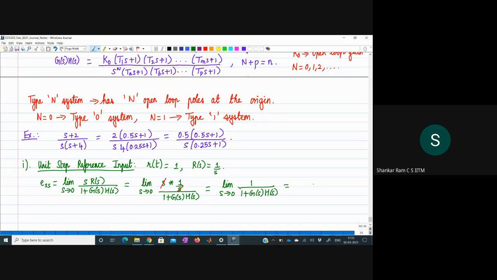This can be rewritten as 1 divided by 1 plus g0 h0, where g0 h0 is nothing but the limit s tending to 0, g of s h of s. We just write it in that way. This quantity, limit s tending to 0, g of s h of s, is defined as a term Kp, which is called the static position error constant.